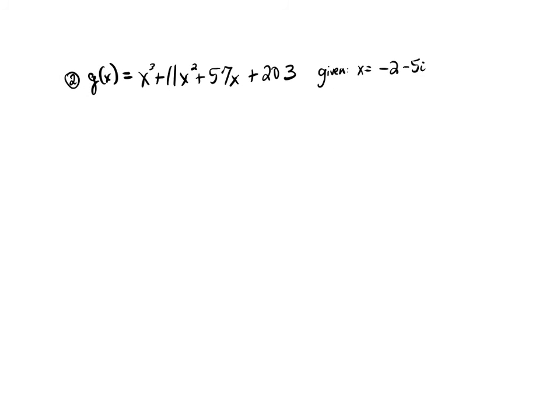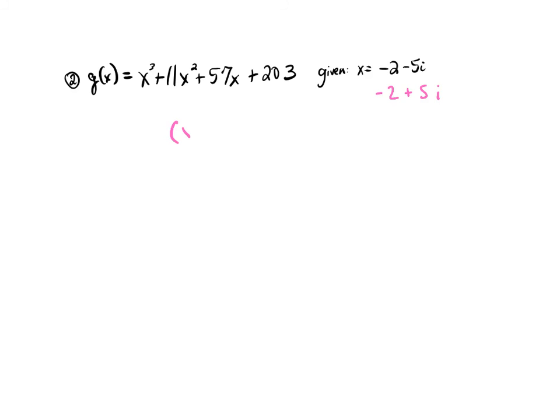So given negative 2 and negative 5i is one of our zeros, what would another zero be? Positive 5i. So negative 2 plus 5i. So now we need to FOIL the 2 out.